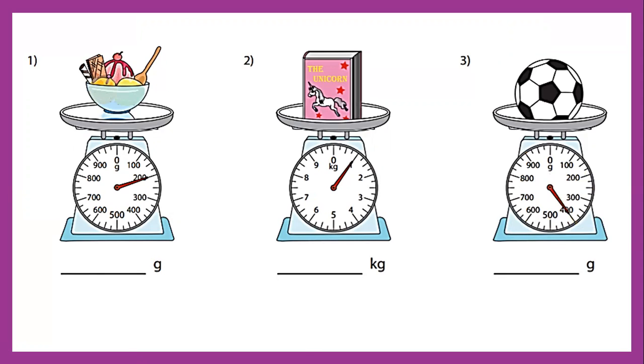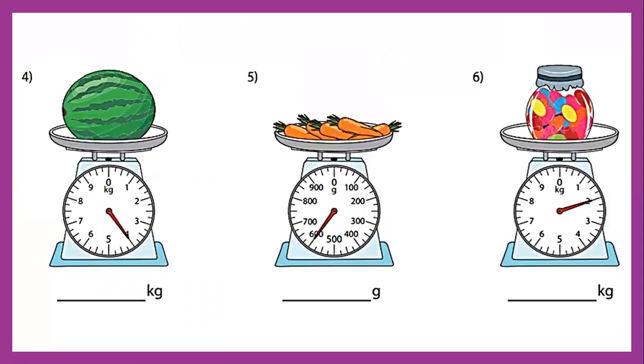By checking the weights, here are different pictures. Different things like the watermelon is 4 kilograms, the carrots are 600 grams, and the jellies, the candies, are 2 kilograms.